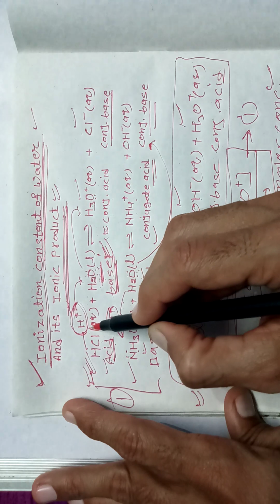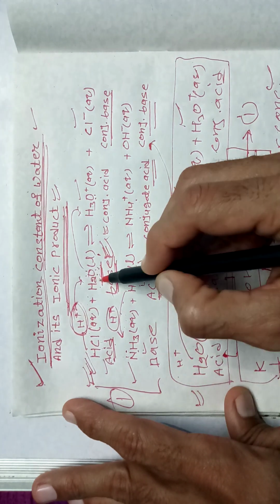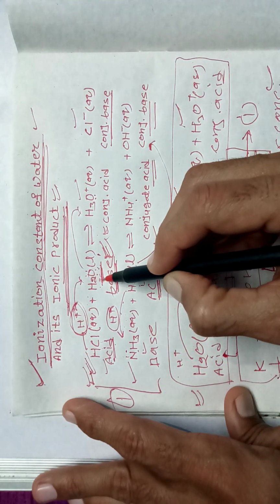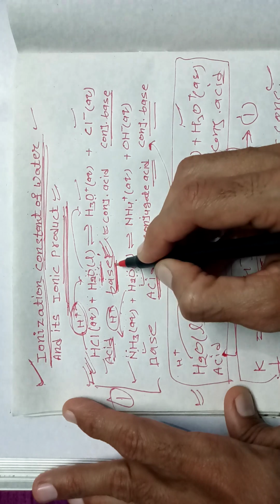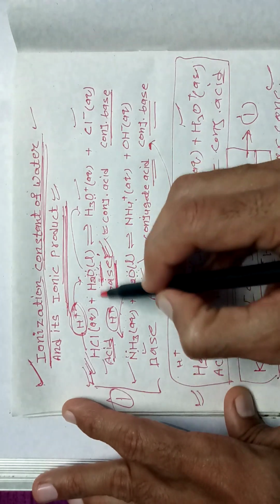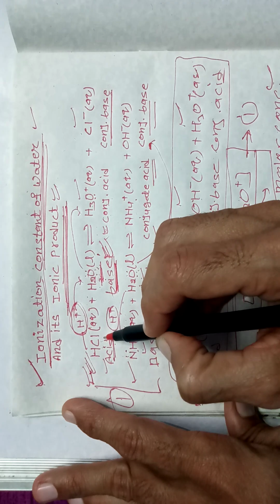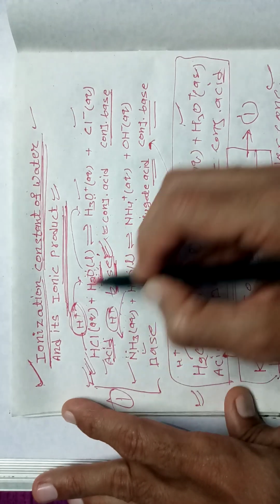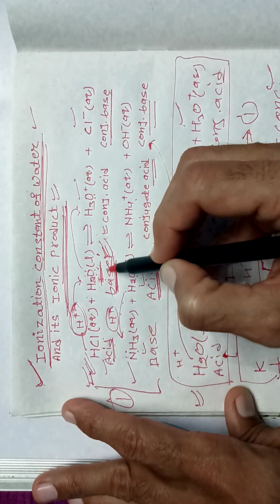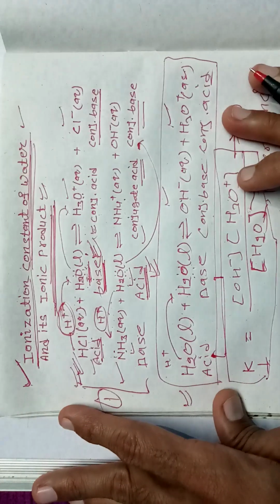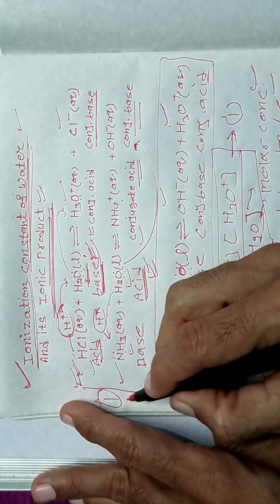So due to acceptance of H plus, here H2O behaves as a base. Again listen. When H2O reacts with HCl, H2O behaves as a base, because in this case it accepts H plus.